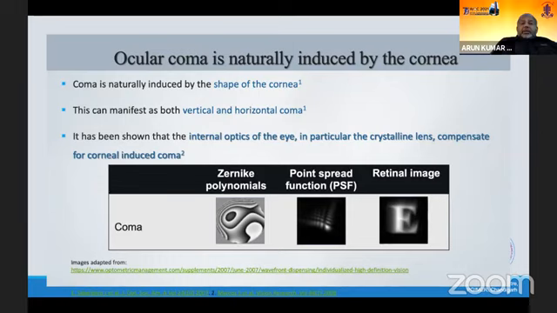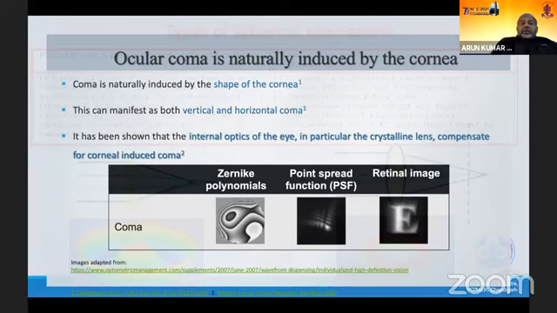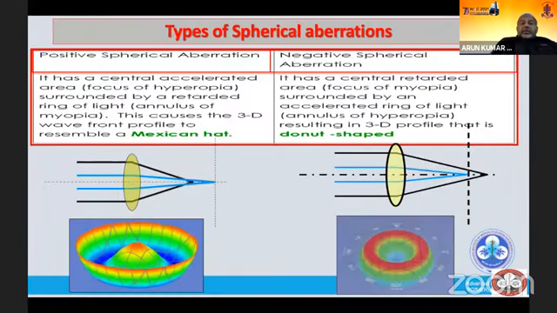As we all know, the spherical aberration could be a positive spherical aberration as shown on the right side, or it could be a negative spherical aberration. In all of us, the combined eye spherical aberration is around 0.1 micron. The cornea has plus 0.27 on average, and the lens, in youth, has around minus 0.2 micron of spherical aberration.